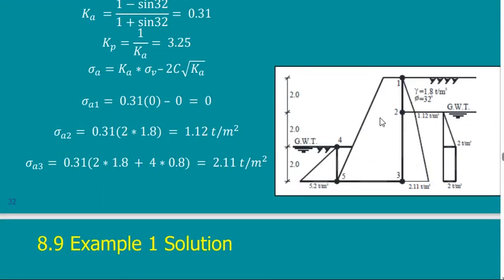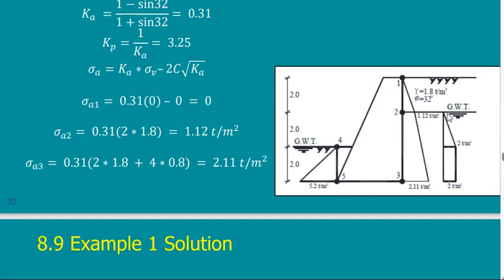Once I get the earth pressure, here the importance of this example is for the effect of water. I'm showing here water table here and water table at a lower level here. So you have two options.